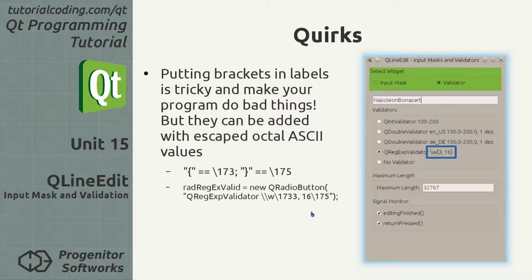The resolution for this is that any character that can be interpreted as something special can be escaped using the octal values. So when I initialized this radio button, I used the octal value of the left bracket and the octal value of the right bracket, and I also escaped the backslash character here.